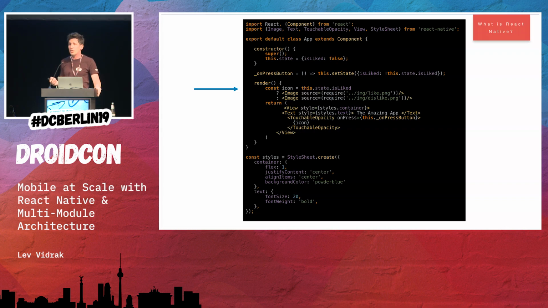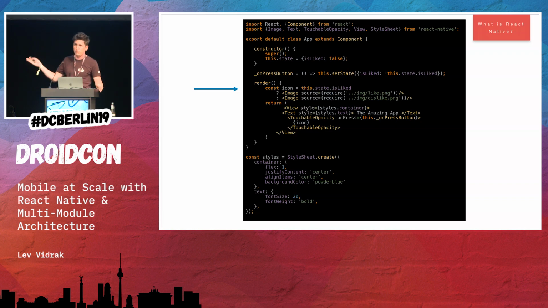We define the UI in React with a syntax called JSX. It's syntactic sugar above JavaScript, and it's very similar to HTML, to XML. It's very readable. And React, the framework, guarantees that this method will be called each time the state is changed, meaning our UI is a function of our state.